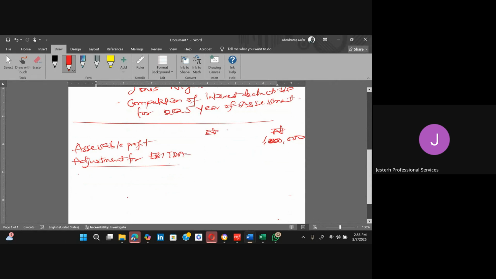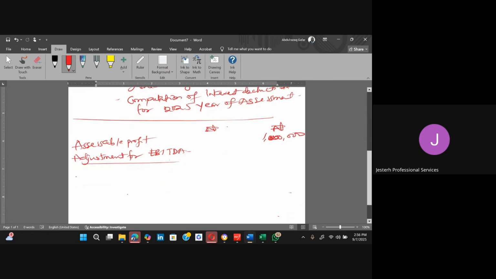So we have interest to others. Interest to others was 500,000, right? Then we also have depreciation because it's also part of the EBITDA. Depreciation was how much? 300,000.